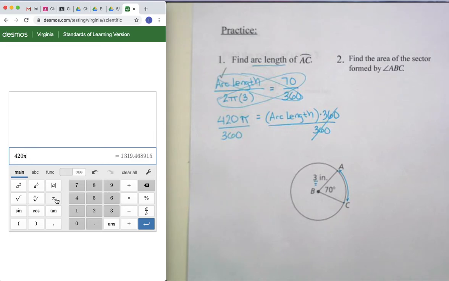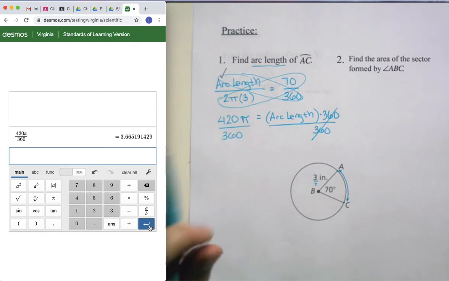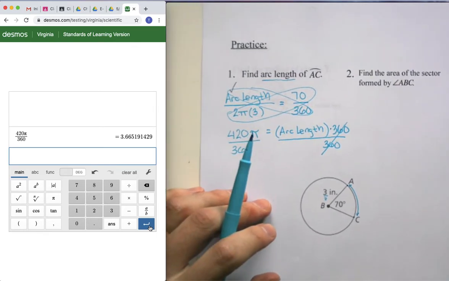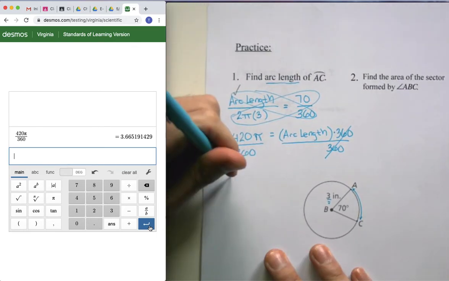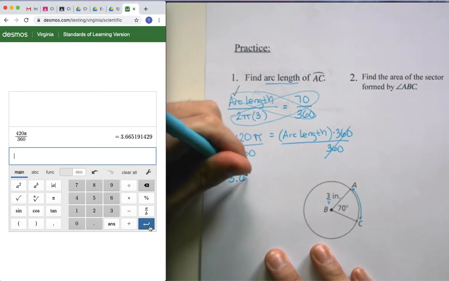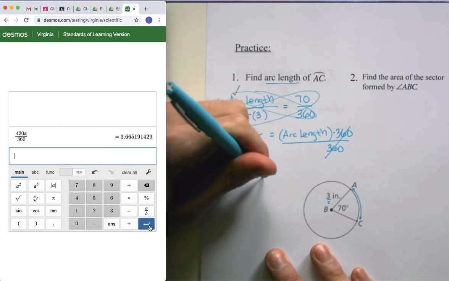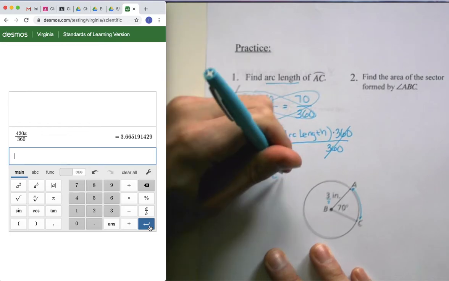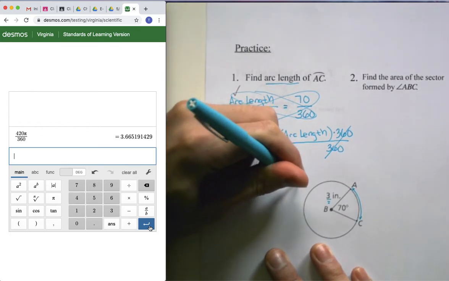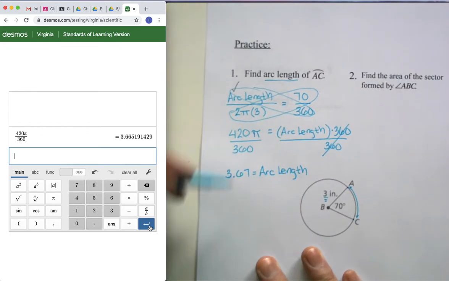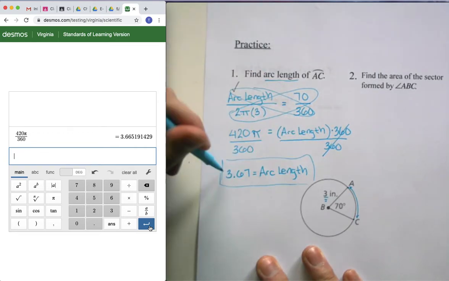So I'm going to say 420 pi divided by 360. Okay, and what's that going to set us equal to? We're going to round to 2 decimal places here. So 3.67 is equal to my arc length.